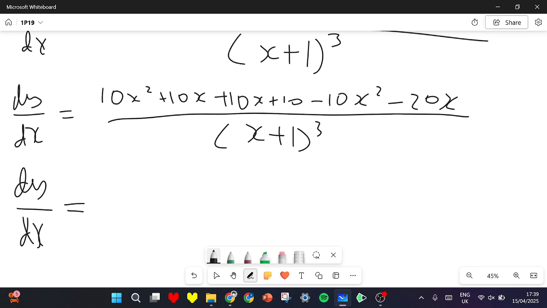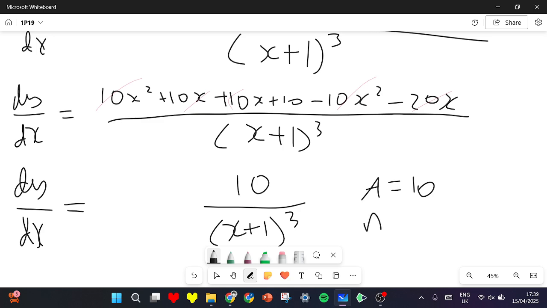There's 10x plus 10x, so that's 20x, but that's going to cancel with the minus 20x. Then we've got 10x squared minus 10x squared, which also cancels out to 0. So the only thing we have left is 10 over x plus 1 to the power of 3. So that means our a is 10 and our n is 3.